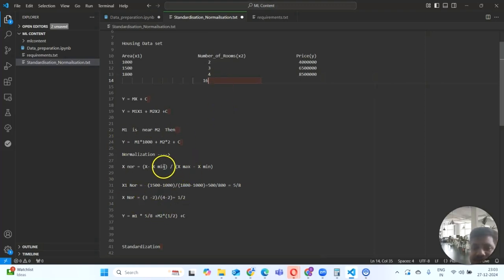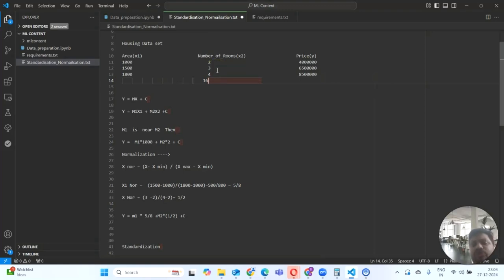In this formula, x max is now 16 and x min is still 2. So the denominator is very high, which results in every value converting to a very small value. It will still be in the 0 to 1 range, but the values will be very small. So for a single outlier, every value got impacted. This is one of the problems of normalization.